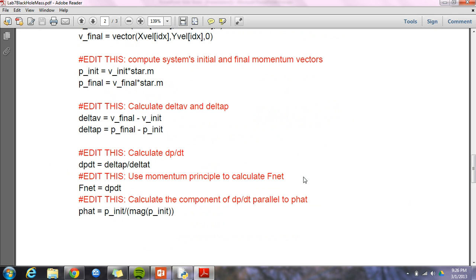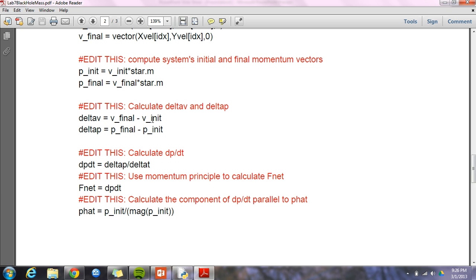And first, we have to calculate our initial and final momentum, which will be the velocity of the star times the mass of the star.